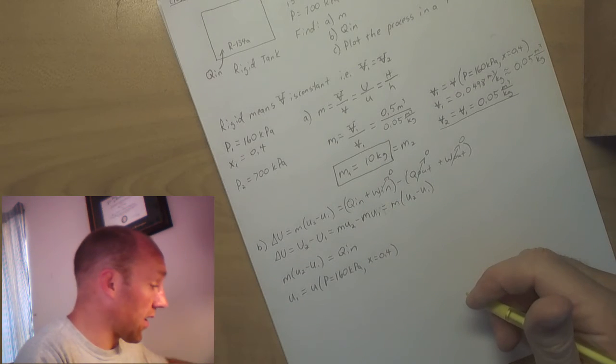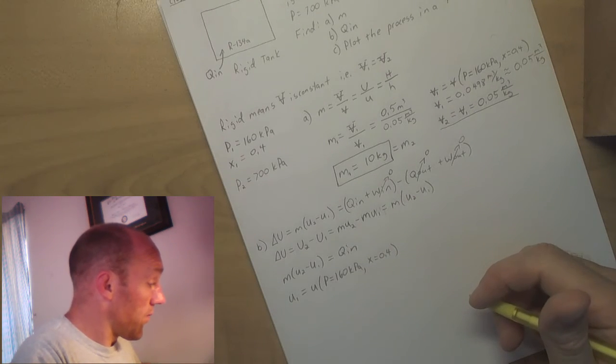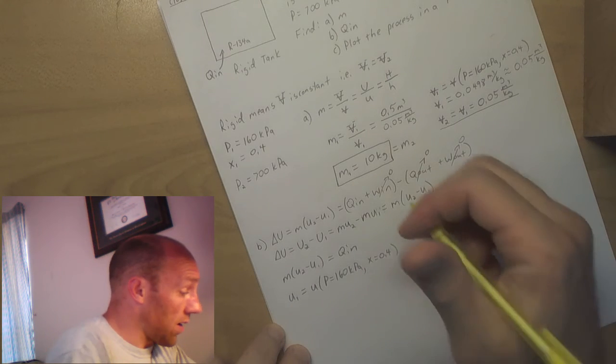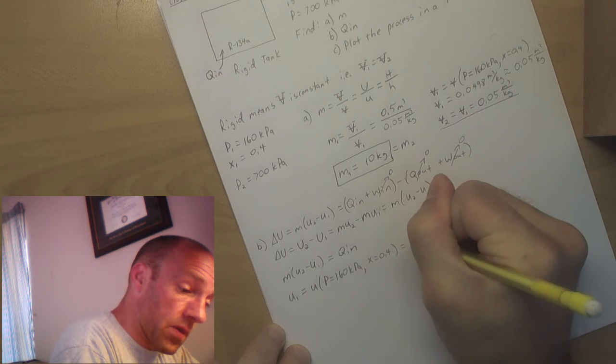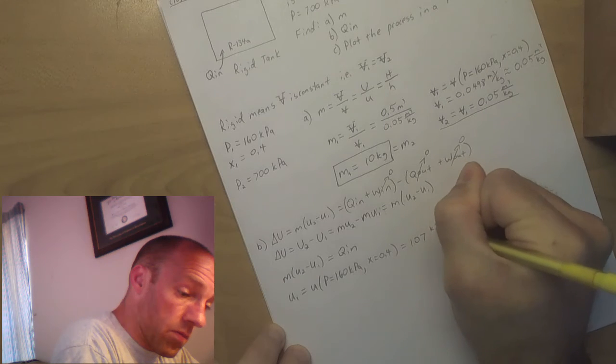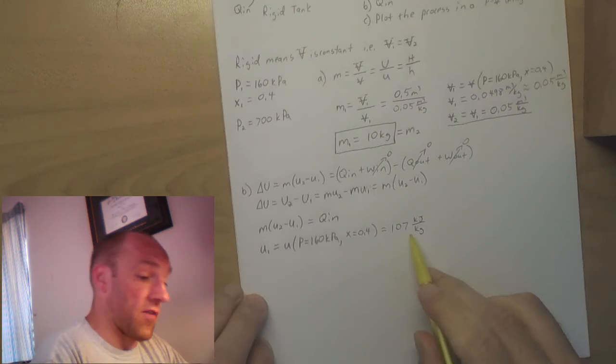And I go into my calculator, and that comes out to be 107 kilojoules per kilogram.